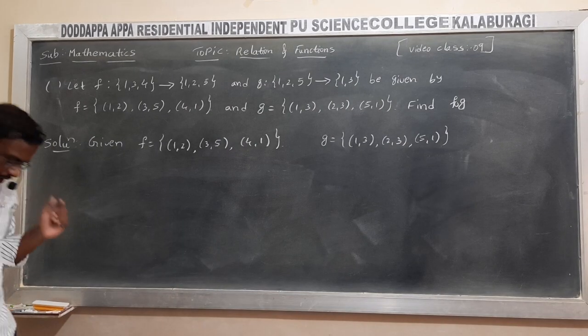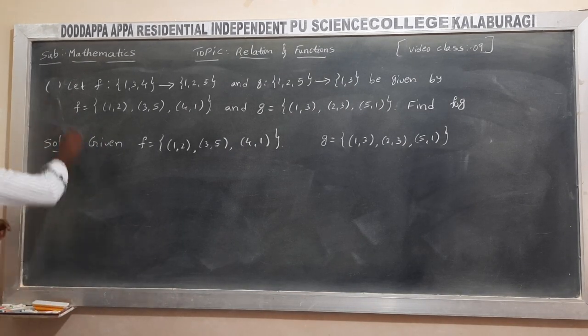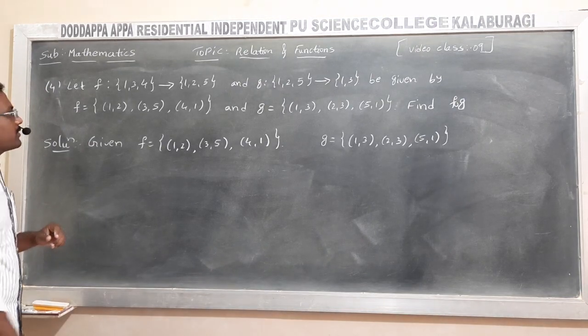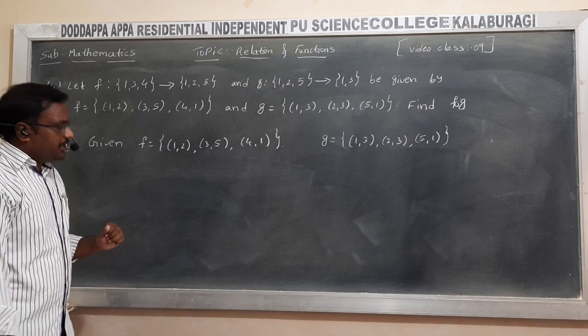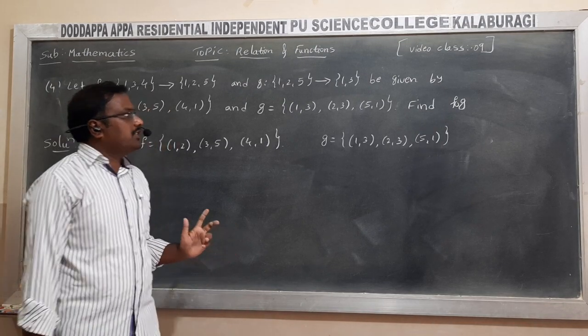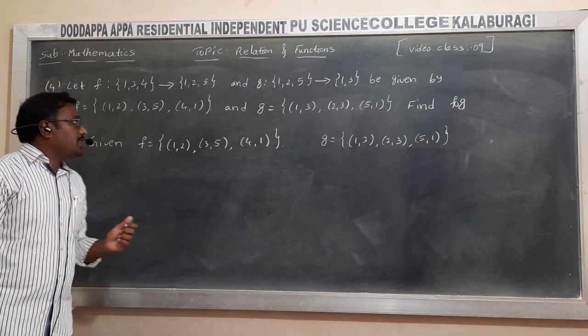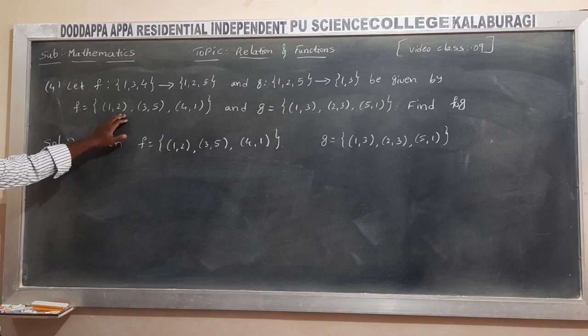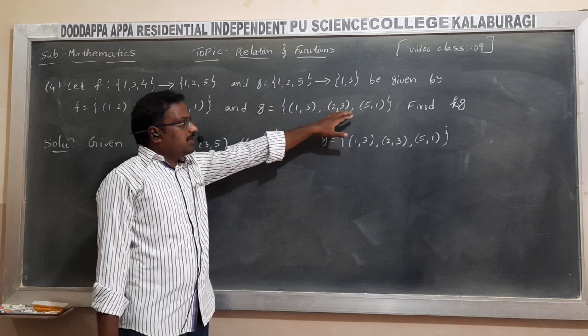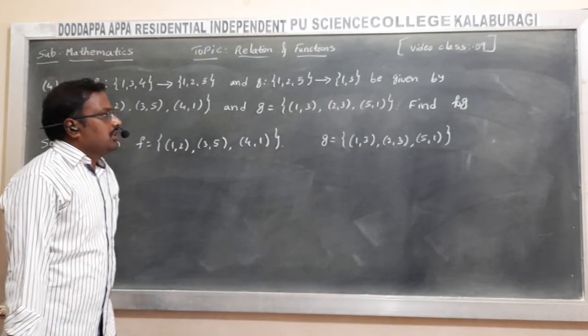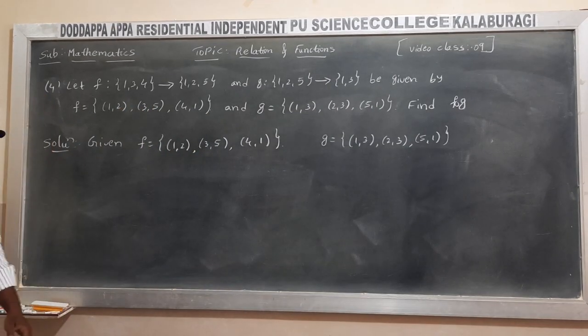Okay, we start another problem. Fourth one. Let f from set of 1, 3, 4 tends to set of 1, 2, 5 and g from set of 1, 2, 5 tends to set of 1, 3 be given by f is equal to (1, 2), (3, 5), (4, 1) and g is equal to set of (1, 3), (2, 3), (5, 1). Then find g naught of f.